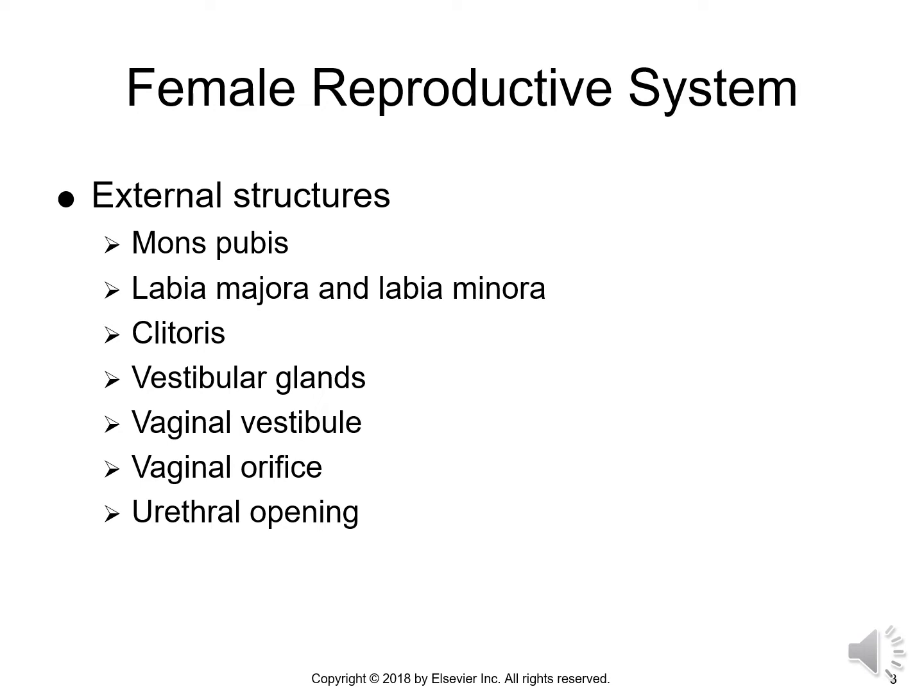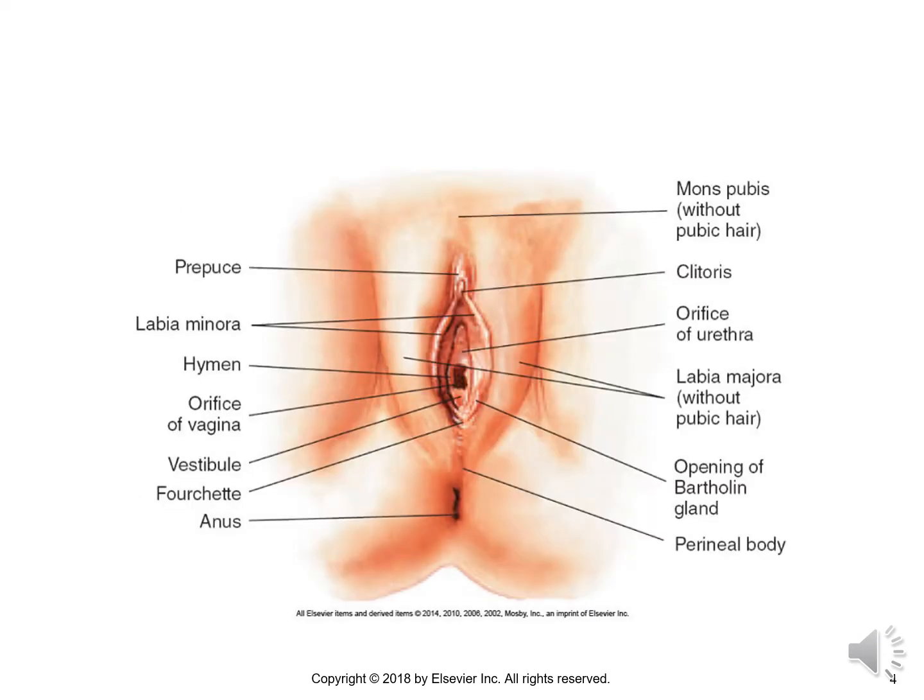Collectively, these are all considered to be what's called the vulva, V-U-L-V-A. You can see page 32 for description and purpose of each of the external genital organs on this list. And there is the picture of the vulva or external genital organs of the female.